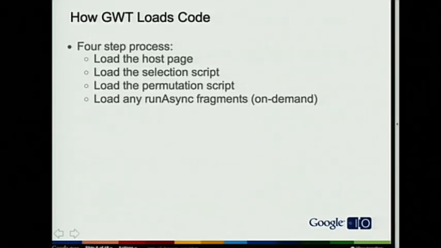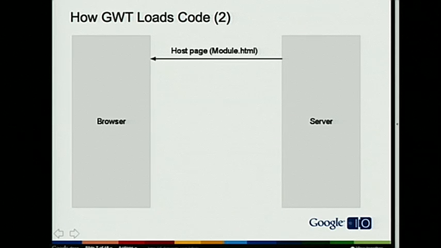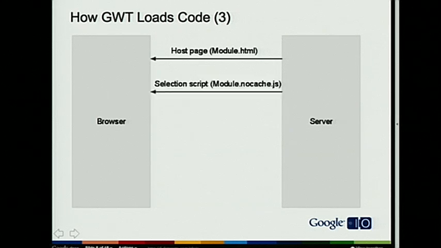Okay, so we're just going to start off talking about how GWT loads code. As I mentioned before, you may have seen this in Joel's presentation. The first step of GWT's code loading process, we load the host page. The host page is the page specified in the URL. It's just a regular HTML file, possibly generated by your server. It has a reference to something called the selection script. The selection script is a bit of JavaScript responsible for determining the current environment of your GWT application.